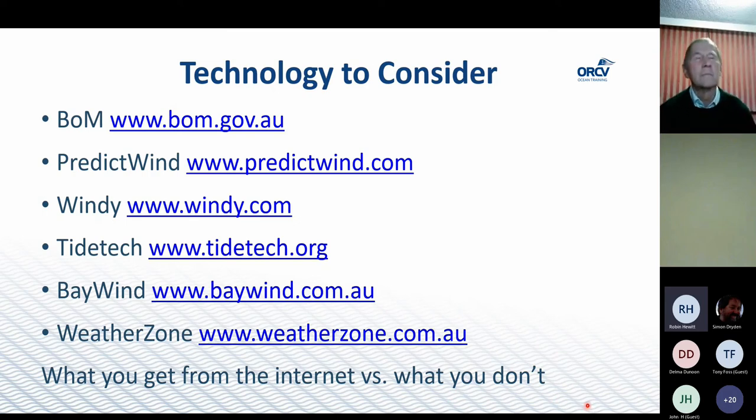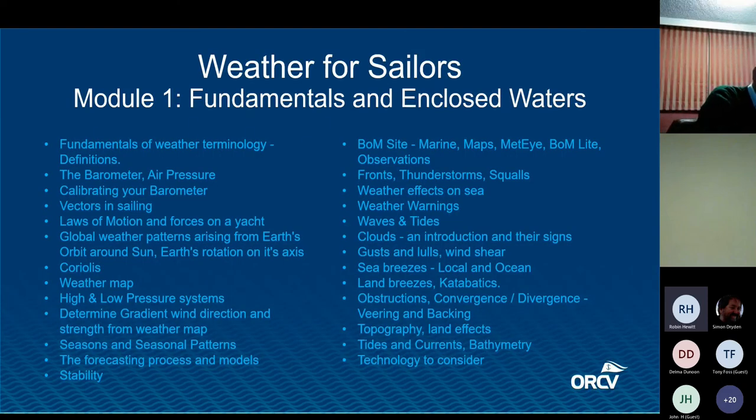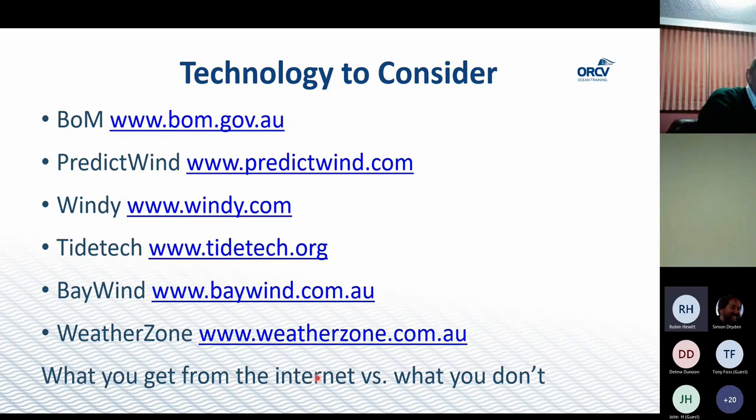Some of the models, the codes that are there, this is the subject matter we've been going through. Some of the models that are there: Weatherzone; Tide Tech will sell you tidal information for a particular event. Bay Wind gives you locations that you can use for various places about the wind.